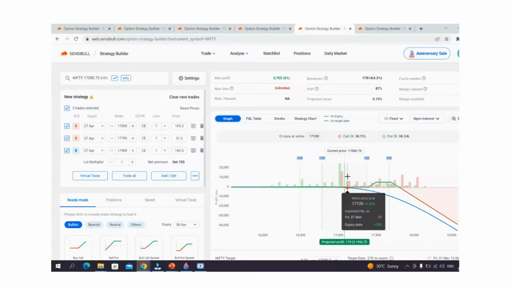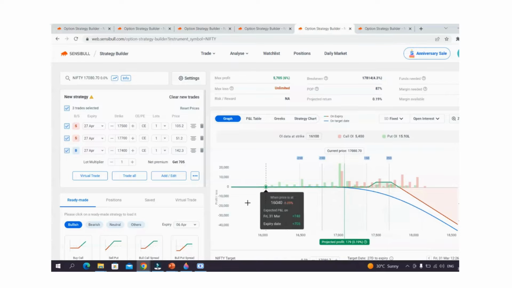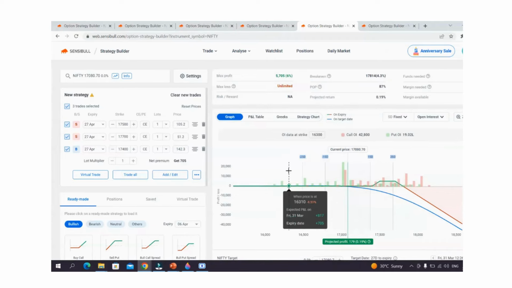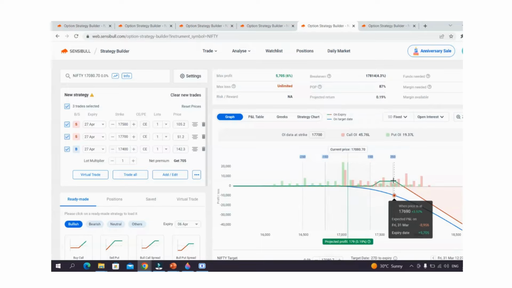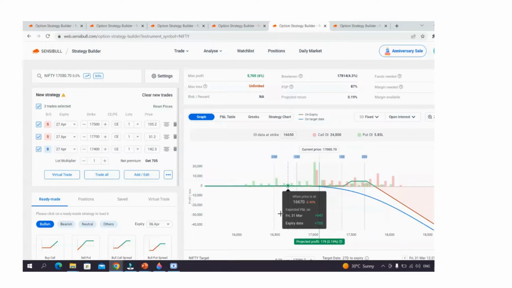So it is similar to ratio spread, but you will have a range in the maximum profit zone. That's the difference between ratio spread and Jade Lizard. And we have also seen how we convert debit spread into ratio spread or Jade Lizard based on our view or when the market goes opposite to our view.